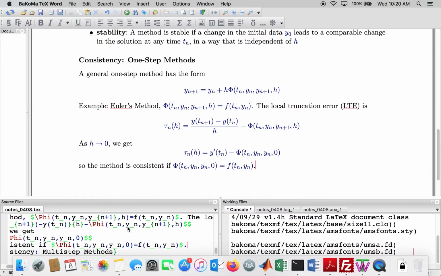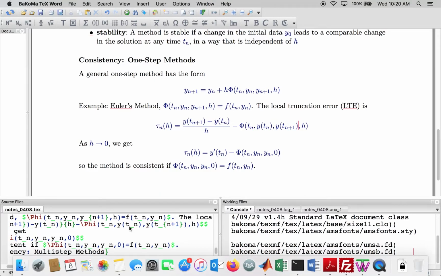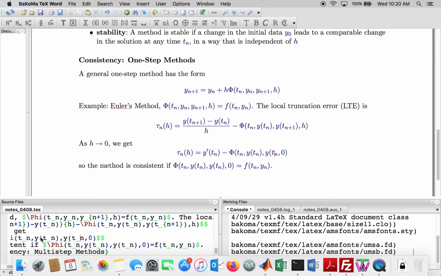Okay, oh, actually, I need to fix this because we are substituting the exact solution. Okay, and same thing, and up here also.